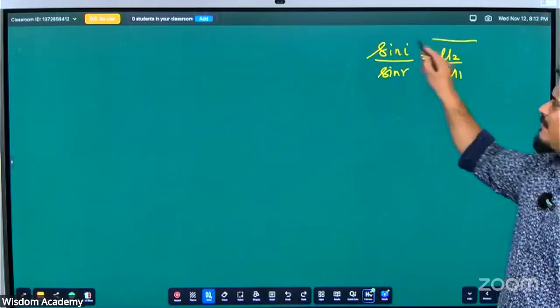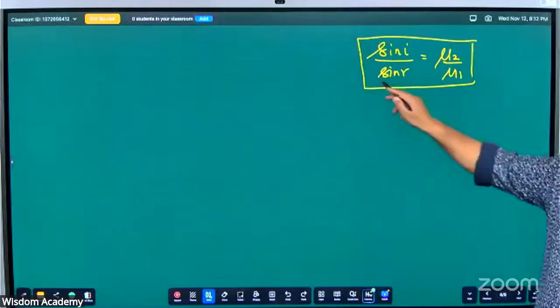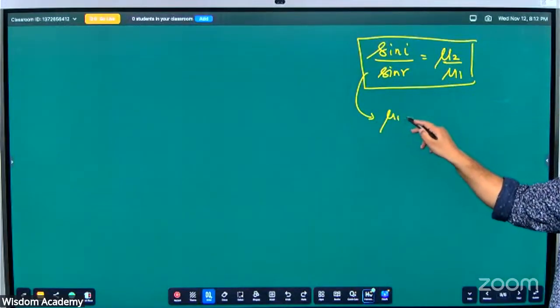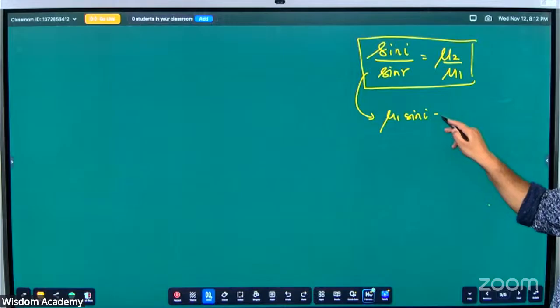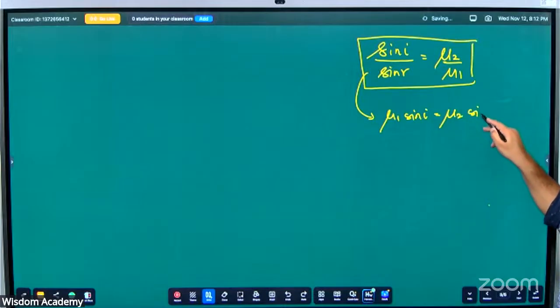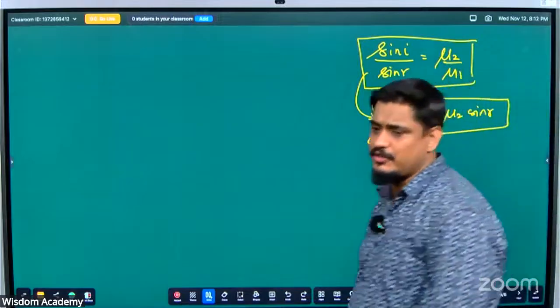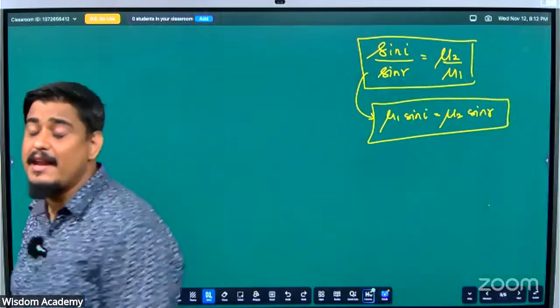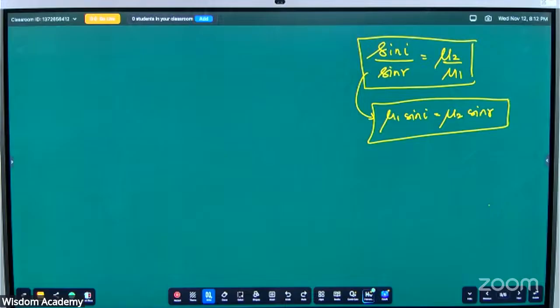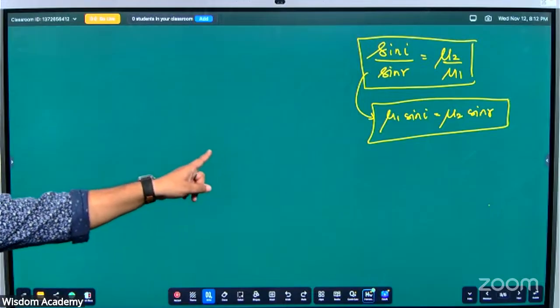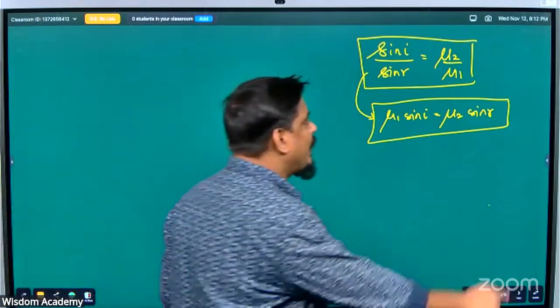That is the refractive index between the two mediums. If I rearrange, it will be mu1 sine i is equal to mu2 sine r. Very versatile equation. In many questions, in many numericals, it will be directly used. Remember that, how will it be used? To find r generally.